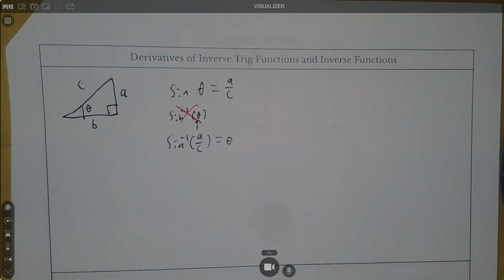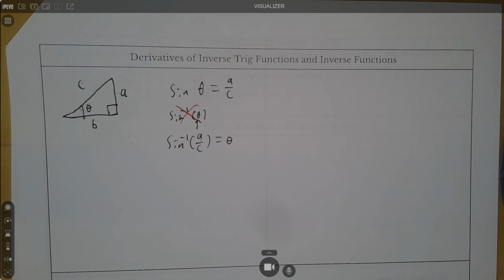So in trig, you take the trig functions of angles to get a ratio, and in inverse trig, you take the inverse function of the ratio to get the angle, to get theta. That's how it works.